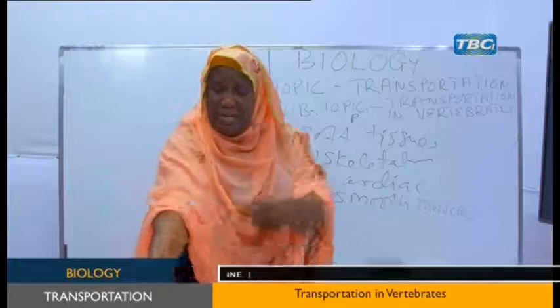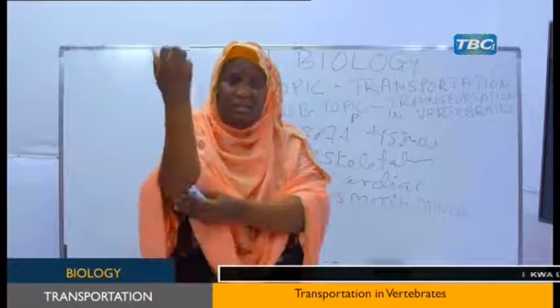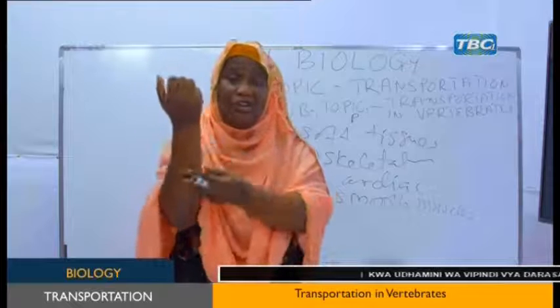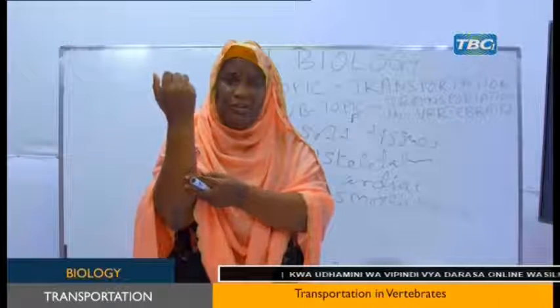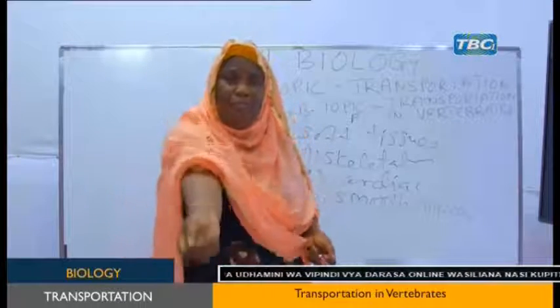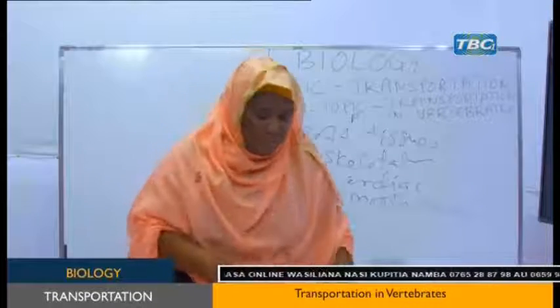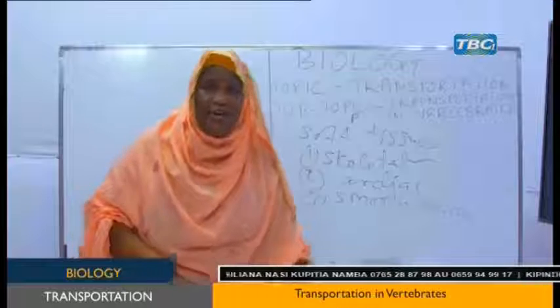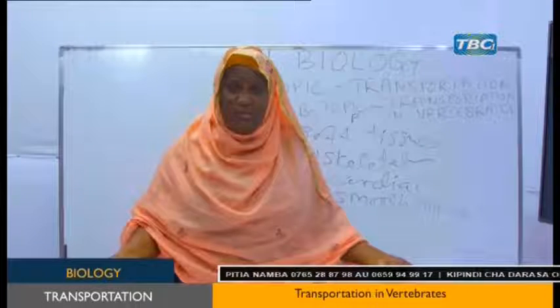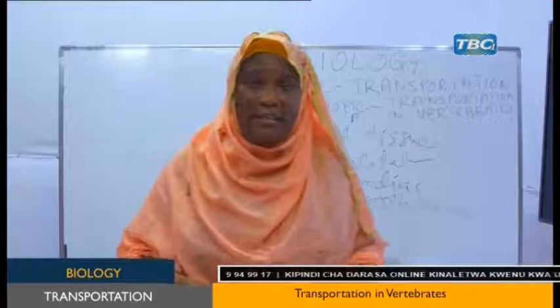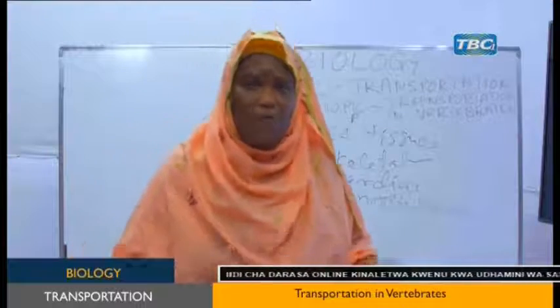For example, these muscles of your arm are skeletal muscles. You can decide to stretch your arm or to bend your arm. The muscles which are found in the legs also are skeletal muscles. You may decide whether to go forward or backward.